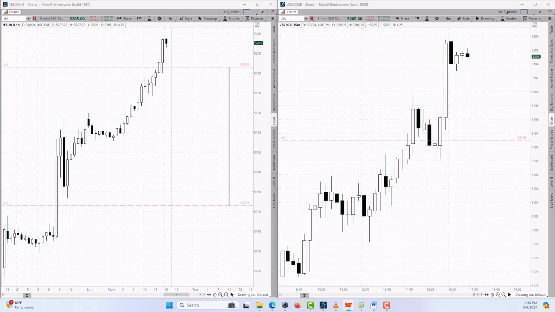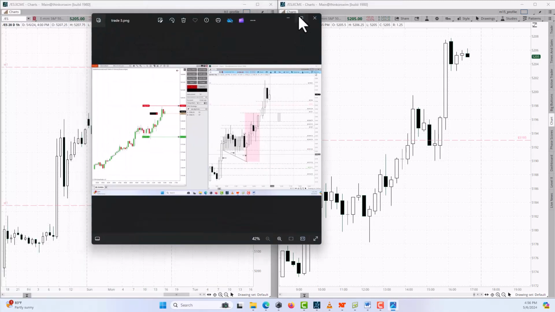Let's go to the last trade we took, trade number 5. All right, number 5 right here. So here is our number 5 trade.